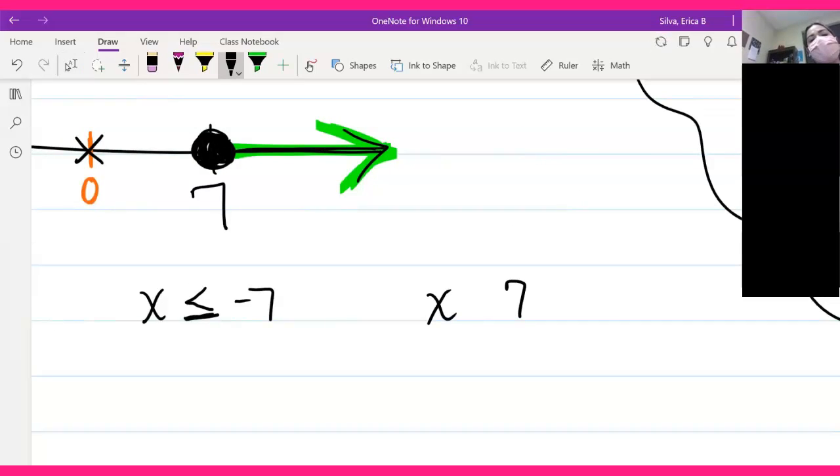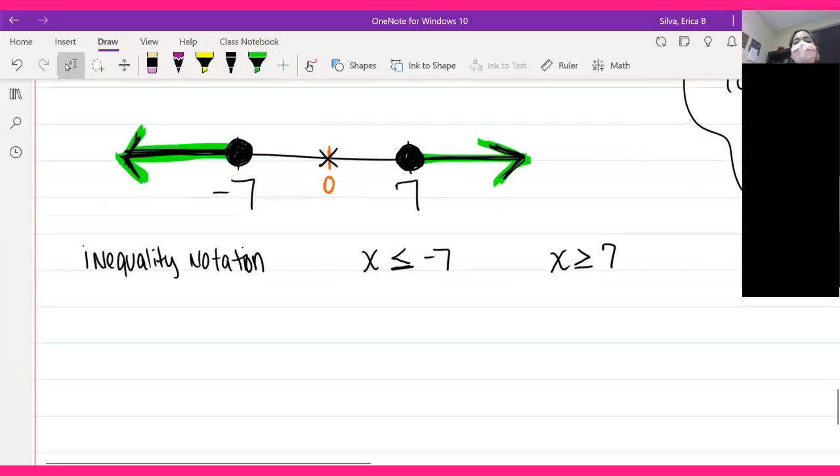All these numbers on the right side of 7 are greater than or equal to because of that solid point. Now, because it's not possible for a number to be less than -7 and greater than 7, we need to put the word or in between them, because either the number is less than -7 or the number is greater than 7.